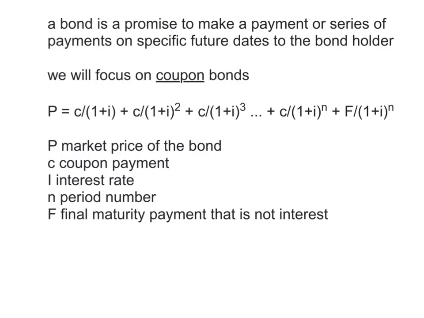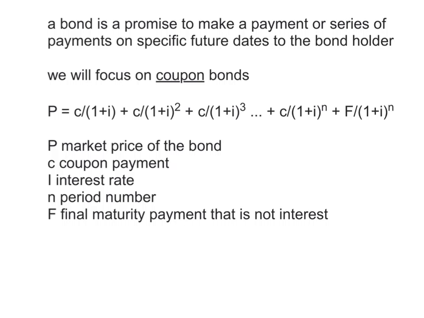The reason they're called coupon bonds is because back in the old days, when bonds were paper, there would be little paper coupons attached to the bond, and you could tear those off in order to redeem your promised payment at the promised date. So the coupons served both as a redemption mechanism and as a record that payment had been made.